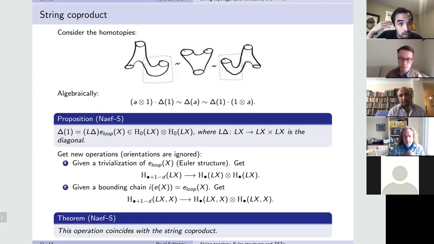Well, these operations in the TFT are defined on chain level. What the proof shows is that they're chain homotopic. Okay, but that does not mean they're equivalent as maybe A infinity coalgebras or whatever. Oh no, we're not considering associativity of these operations or anything like that. Okay. Indeed.